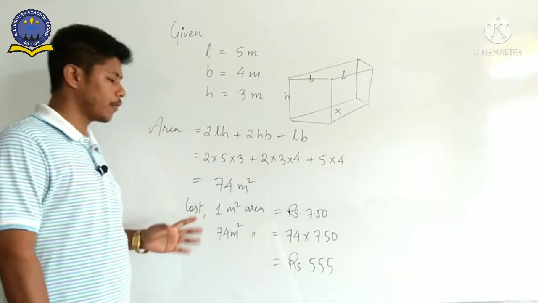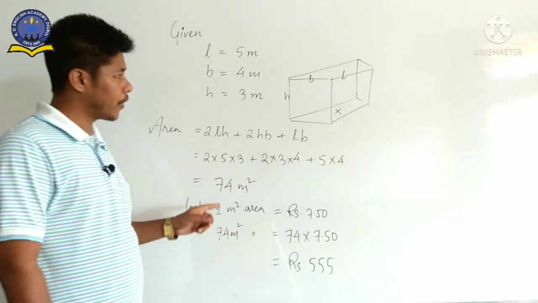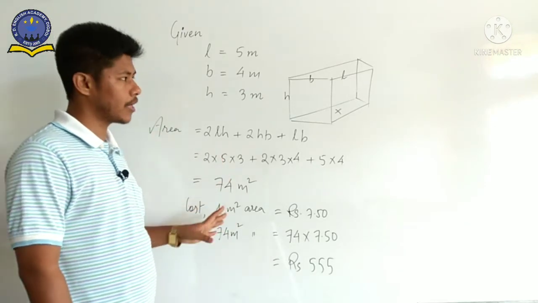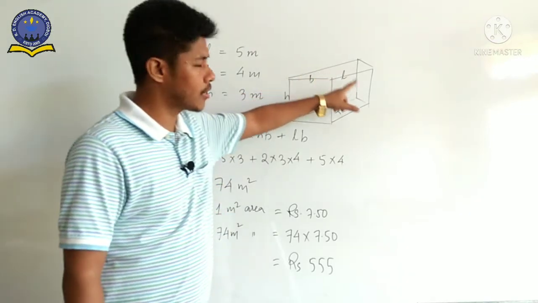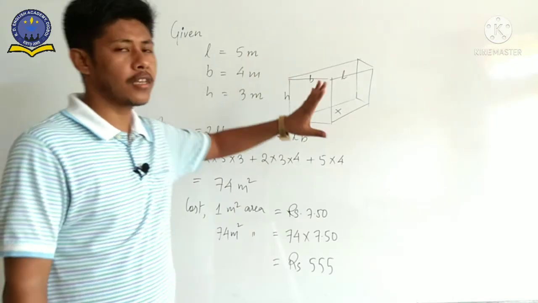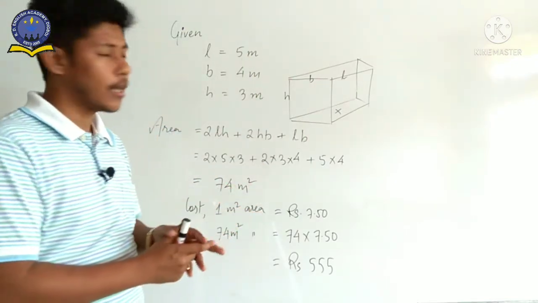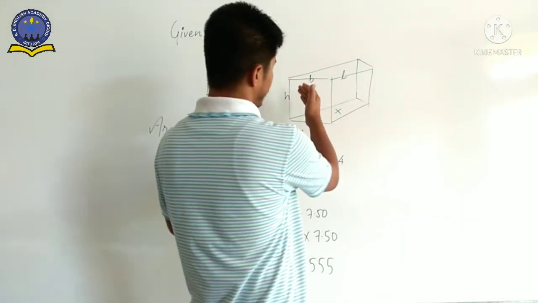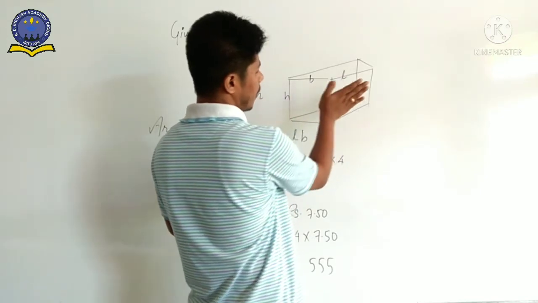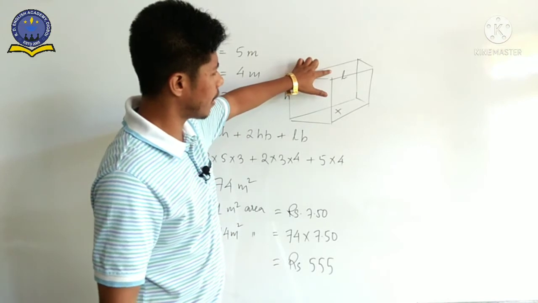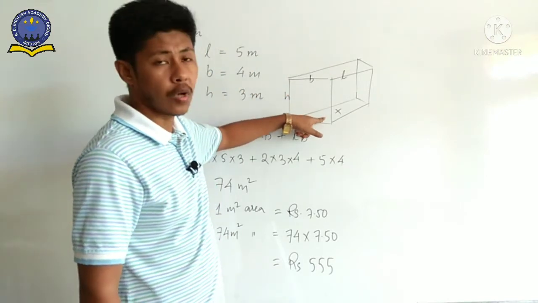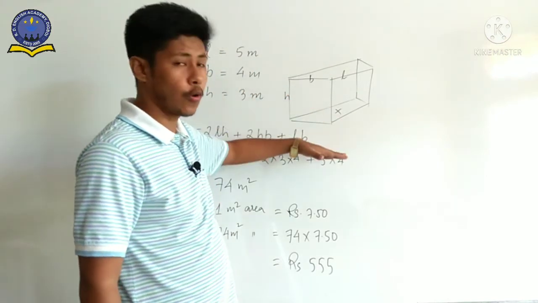So I hope all of you understood this question. Let's repeat one more time. If you see the diagram properly, this one is a cuboid. If we imagine this as a room, there is the first wall, second wall, third and fourth, 4 walls, and this one is the ceiling at the top part, and the bottom one is the floor part.